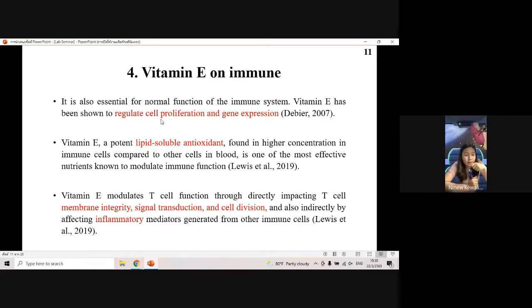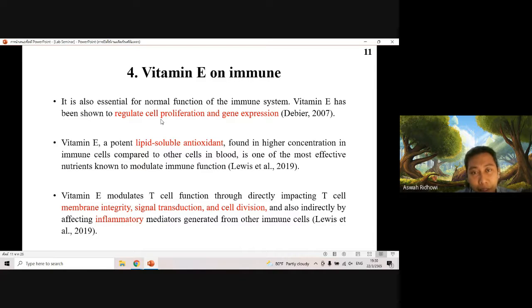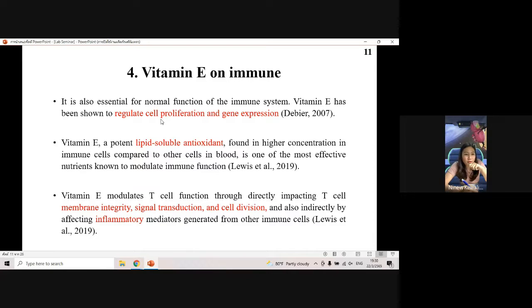You mean it has many priorities like that? Yes, yes. From the data, they can use vitamin E to contribute to the performance of the cell to have longevity. It can survive a longer time than without it.